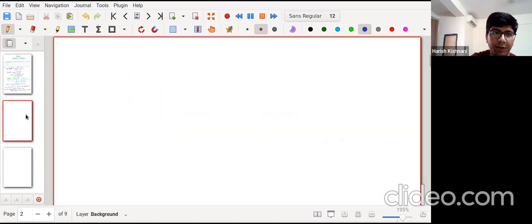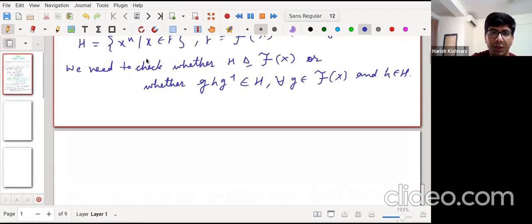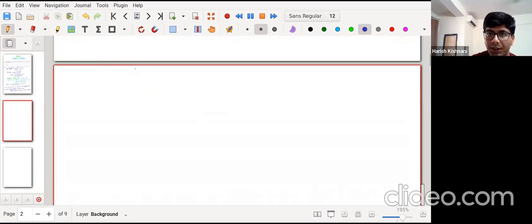Now whatever we are given about H, we will just use that, nothing else. So H is just the set of nth powers. We will start with an arbitrary element.